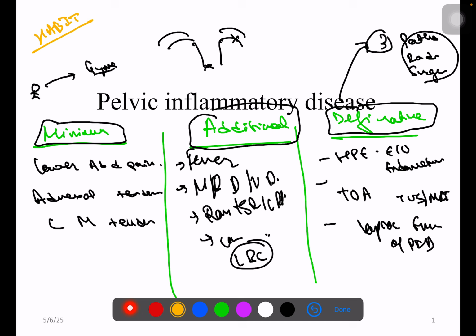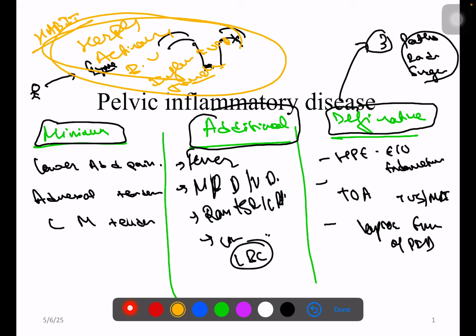That habit: H is for herpes, A is for actinomyces, B is for bacterial vaginosis, I is for inflammation and IUCD, and T is for trichomonas. So pap smear is a good habit. Remember pap smear is a good habit, and remember the mnemonic HABIT.